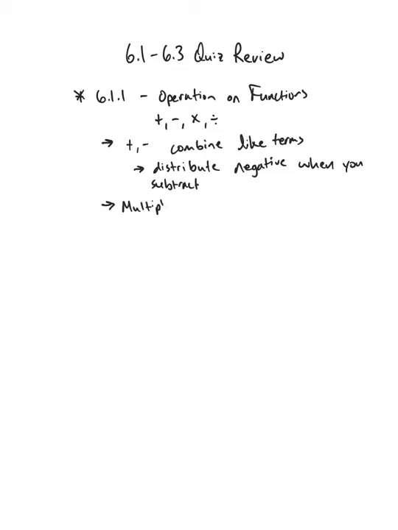Multiply either FOIL. FOIL, guys, if you had a binomial times a binomial. Or, so if you had a trinomial, let me just make something up here. Okay, if you had this, guys, what's happening here?